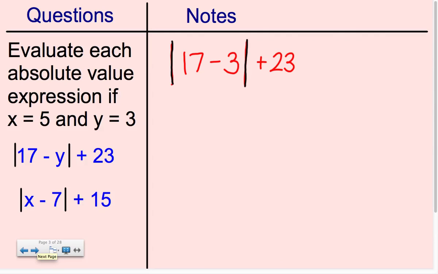Okay, let's start solving. The way you solve absolute value expressions is kind of like PEMDAS. So I always think of my absolute value lines like my parentheses. So I'm going to do whatever is inside of those first. So 17 minus 3 is 14.